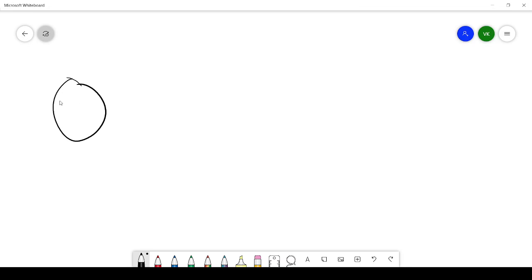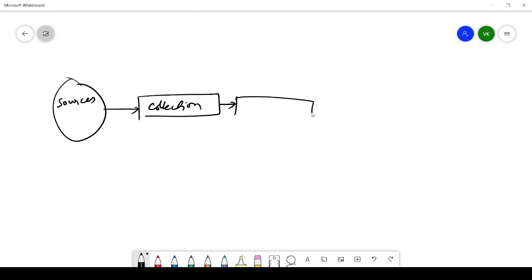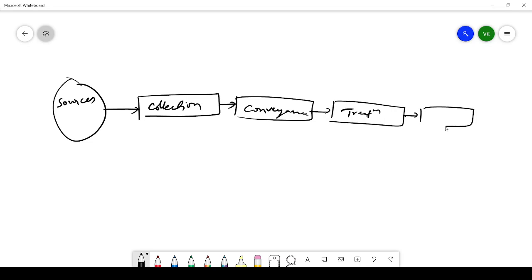The water supply engineering starts at the source of water, and then it deals with collection of water, and then conveyance of water. Where do we convey? We convey the water to the treatment plant, and then after the treatment we distribute the water to the community.